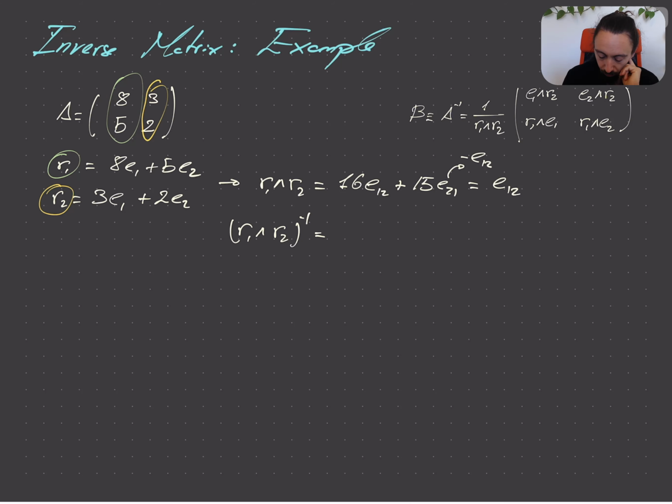where the inverse of it will be 1, in this case, divided by R1 wedge R2 squared, times R1 wedge R2.